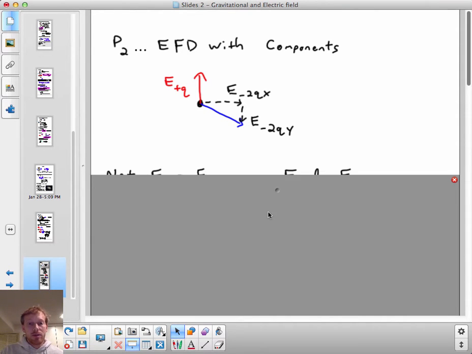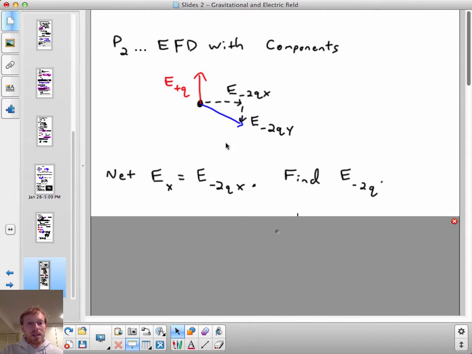electric field contribution. So what's the net horizontal component of electric field? Well, it's just the electric field from the minus 2q charge's x component. So let's find the whole magnitude of electric field contribution from the minus 2q charge, the whole blue magnitude, and then we'll find its horizontal component.